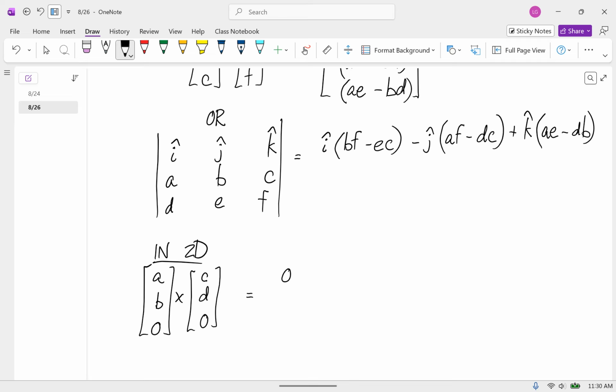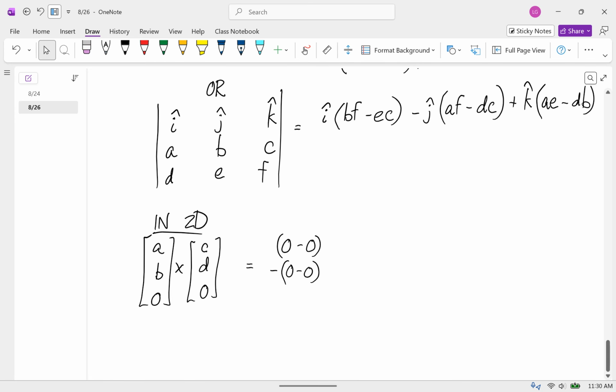For the y component, cross out the B and the D, and you have 0 minus 0. And then for the z component, cross out the zeros, and you get AD minus BC.